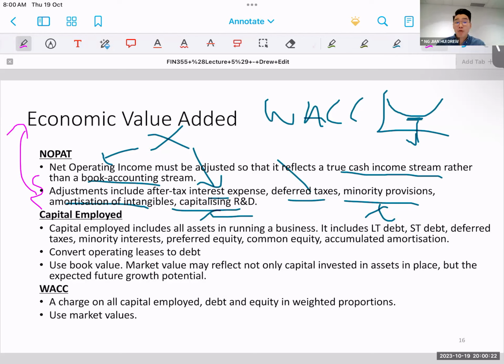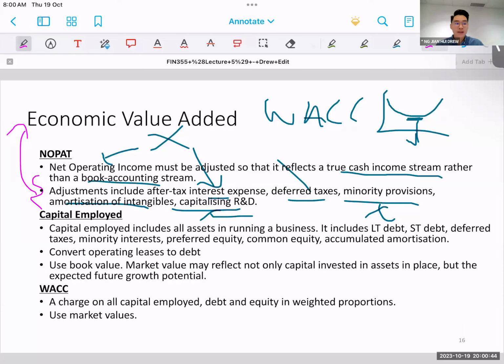So some analysts will actually capitalize the operating leases because operating leases are more of PPE, right? So you capitalize operating leases and you remove them from your P&L. So there are a lot of things that can be done to adjust to get your NOPAT.